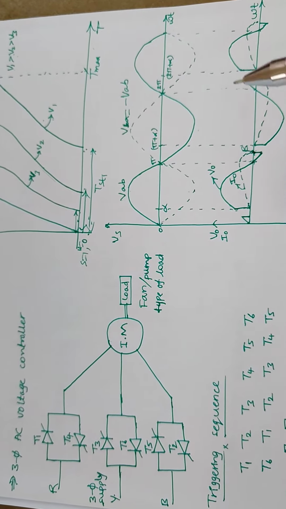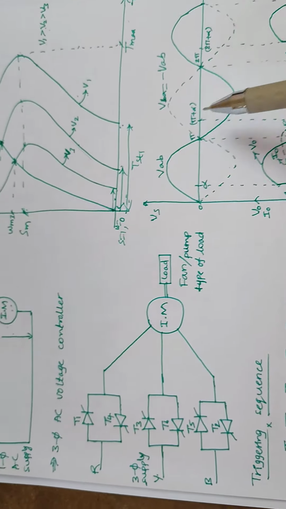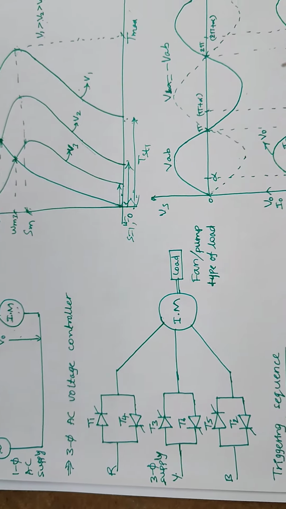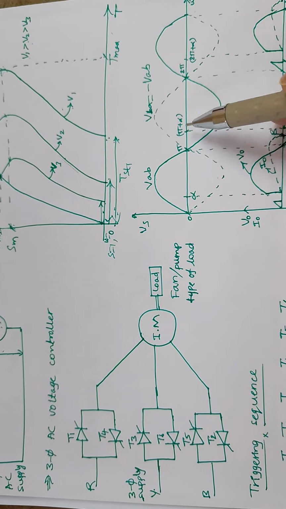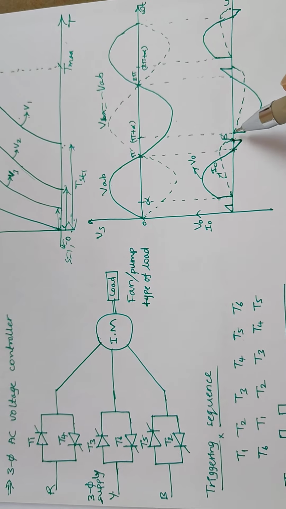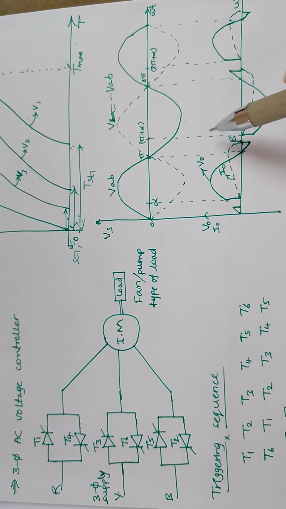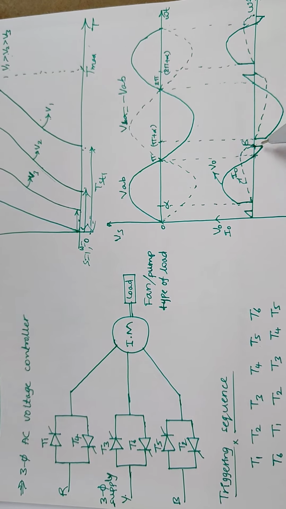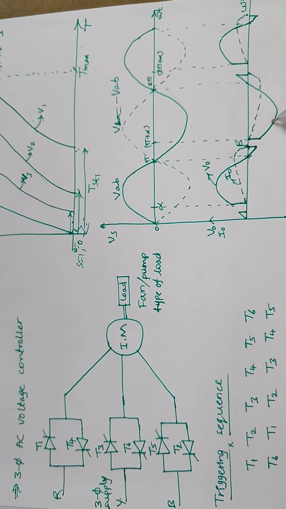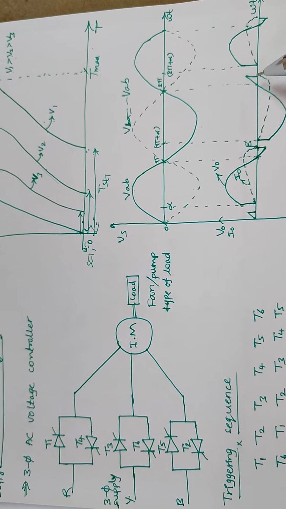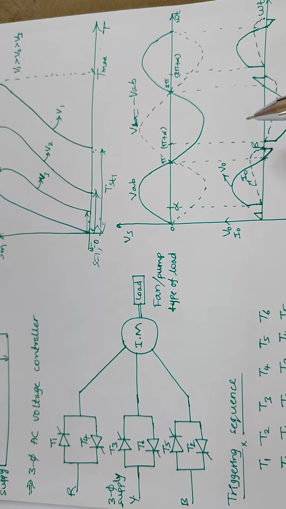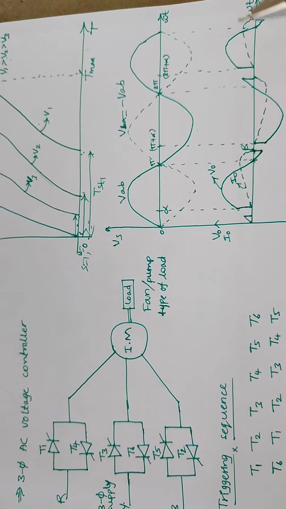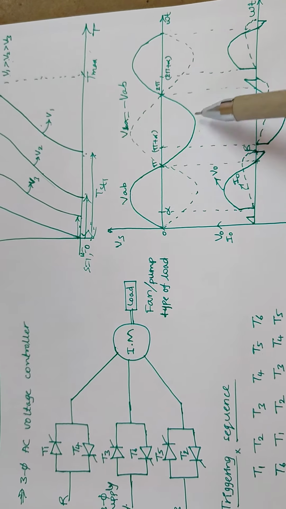till that beta point. Then again at pi plus alpha, the negative side thyristor receives the pulse, which forward biases it, and during the negative half cycle you get the voltage on the negative side, because the negative side thyristor turns on when the supply reverses.